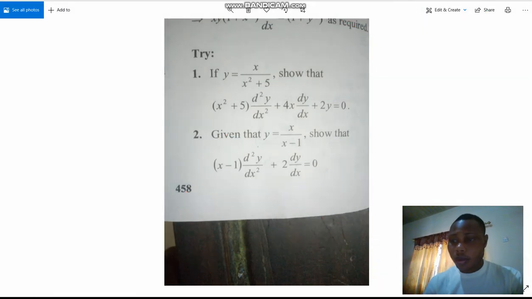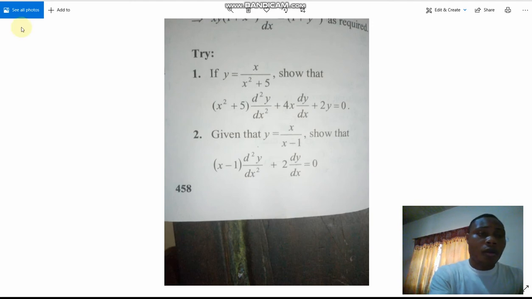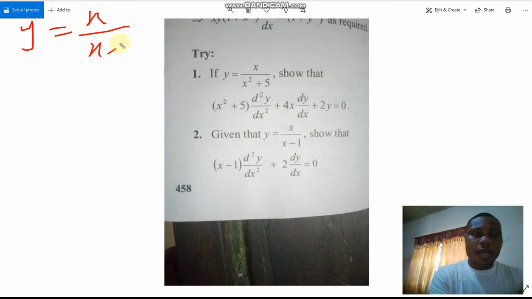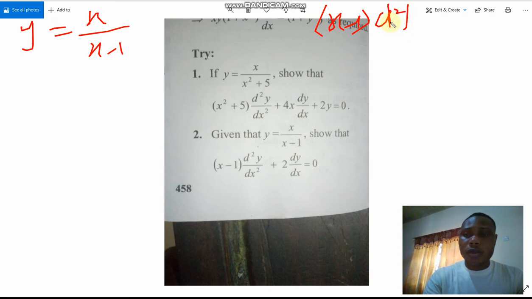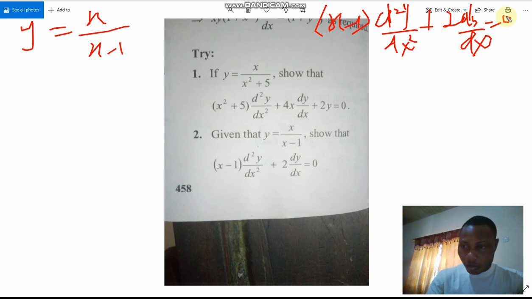Right. So the second one is giving us that if y is equal to x over x minus 1, we should show that (x minus 1) times the second derivative d squared y over dx squared, plus 2 dy/dx is equal to 0. Okay, let's jump straight in.